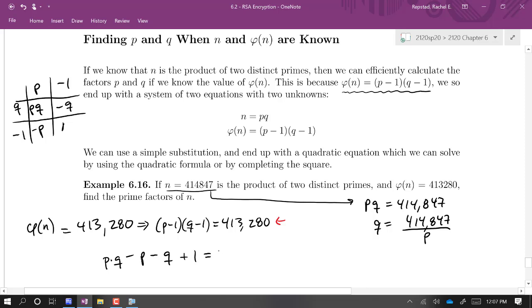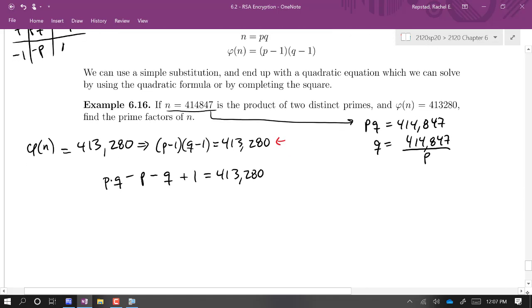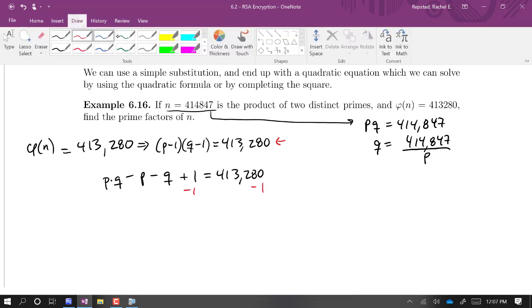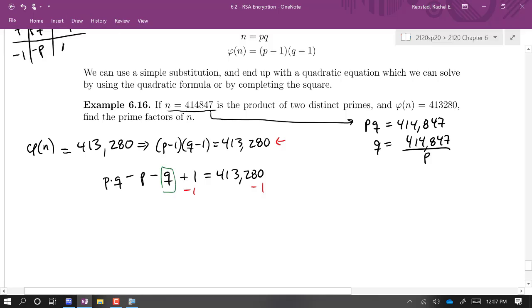And this is equal to 413,280. Now I'm going to do a couple of things to start off. One is that I'm going to subtract 1 from both sides. The other thing I'm going to do is substitute that in for q. And p times q, I know what that is as a number.